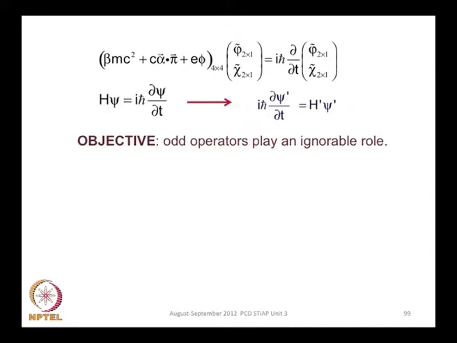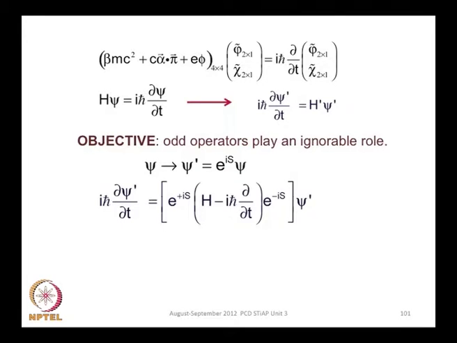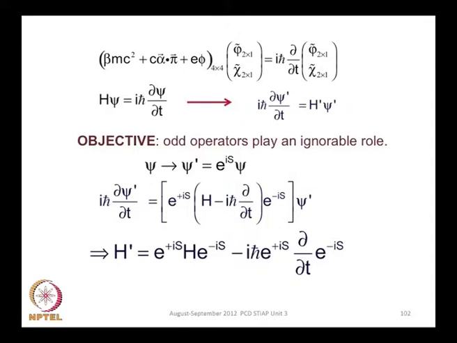Okay. So, that is the kind of strategy that we are going to apply following the technique that was introduced by Foldy and Wouthuysen. So, this would involve a transformation of the wave function psi to psi prime through a transformation operator e to the is, and if we did that, the corresponding Hamiltonian would transform to the sum of these two terms, which is e to the is h e to the minus is, and there would be this additional term because it cannot be assumed that the operator s is independent of time.